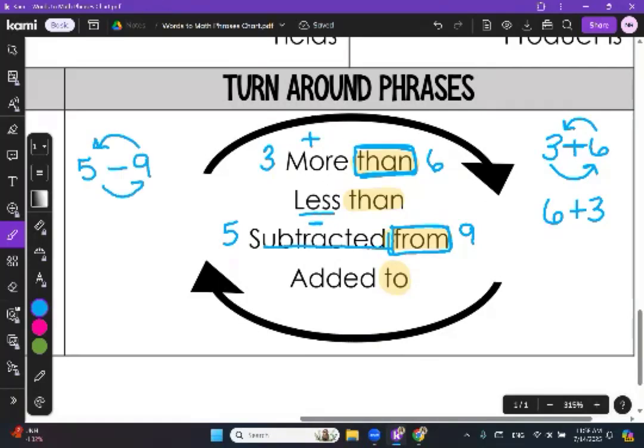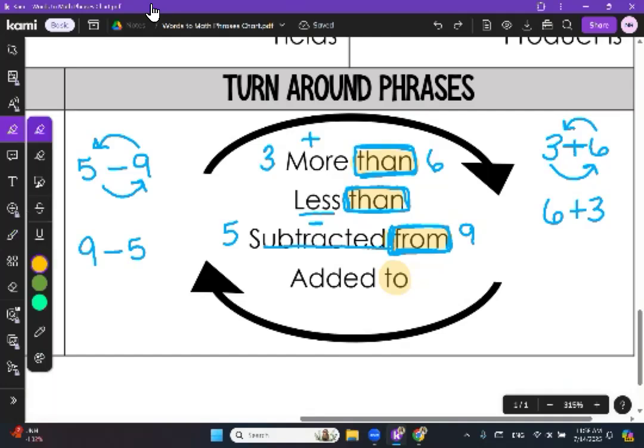But because of the turnaround phrase, the word from or the word than, I flip my terms and it turns into 9 minus 5. This one would result in -4. This one results in +4. It's very important for you to know when to flip a term, to recognize that turnaround phrase, okay?